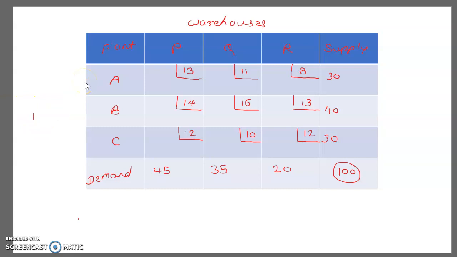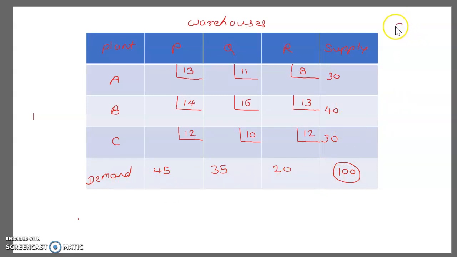From the given information, I have prepared a proper transportation table. There are three plants and three warehouses, the respective transportation costs are given, the supply is given, as well as the demand, and the total supply is 100 and the total demand is also 100.